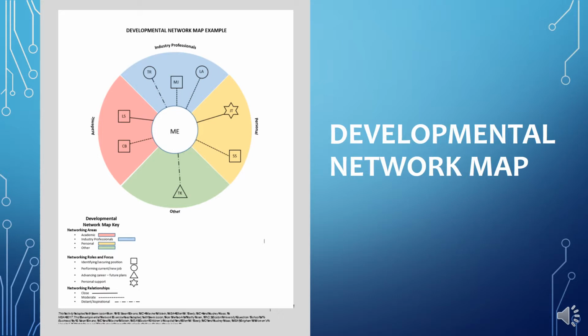Once each person was in place and identified by their role, a line was drawn from the center, representing the student, to that person. The type of line illustrated the student's current relationship with that person: close, moderate, or distant, or aspirational.